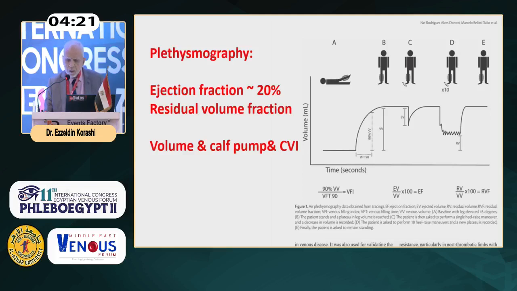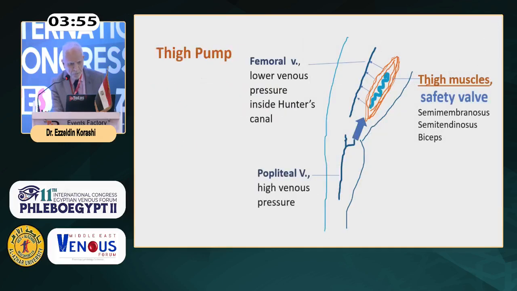And this is proof that in case of CVI, there is increased pressure and less flow in the calf muscle pump. All these are proved now by plethysmography. As you know, I am of a very old generation. We had a very big plethysmography machine, but now we have a computerized machine, but the same, now we have a real hemodynamic proof that this is a very important pump.